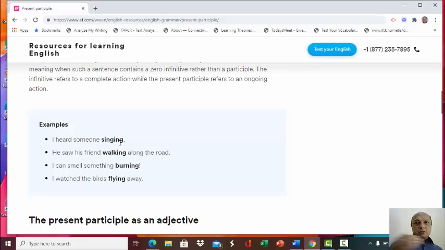That's when only the infinitive is used. But if you say I heard someone singing, then it means when you heard it, the singer had already been singing. So it is in the middle of the action of singing. You saw it or heard it when he or she was in the middle of singing. Yeah, that's the difference. Okay.